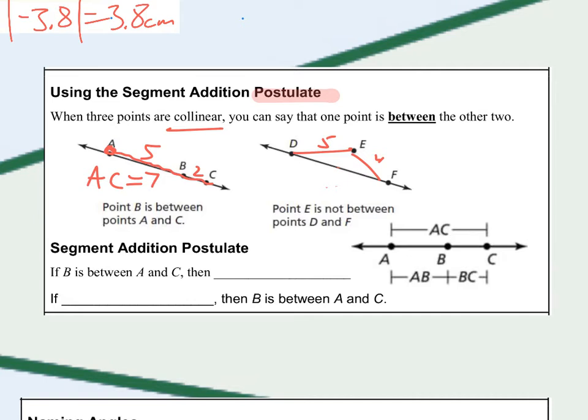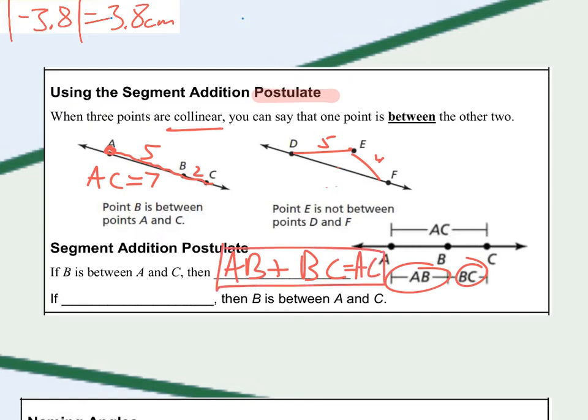So if we have B in between A and C, like we did here, so it's on the line, then we can say this distance, AB, and the distance from B to C, add up to the whole distance, AC.